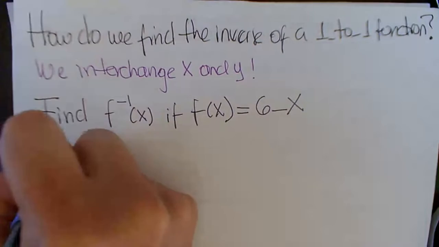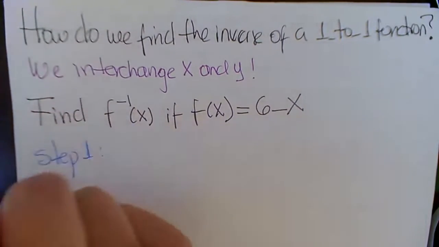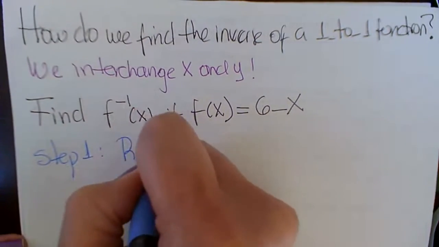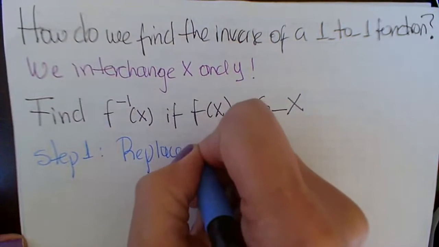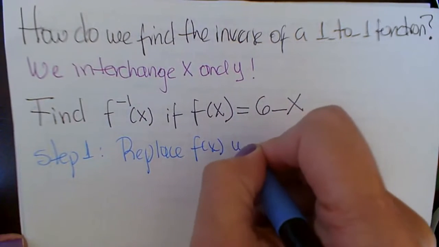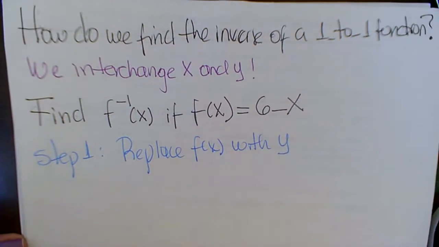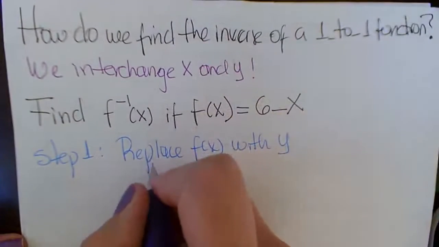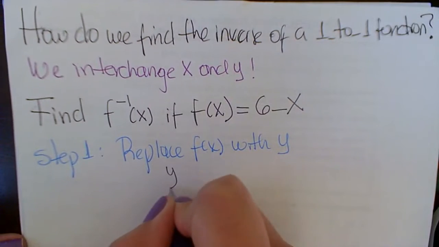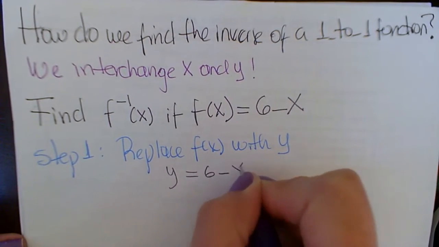So here's the first step. We replace f of x with y. We do that. So it's going to be y equals 6 minus x.